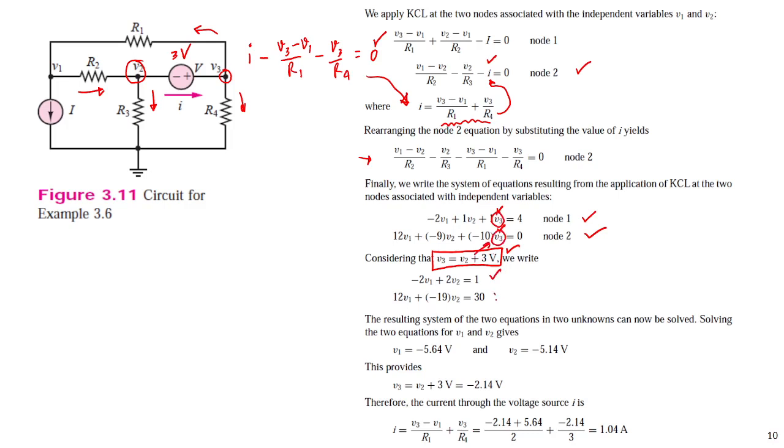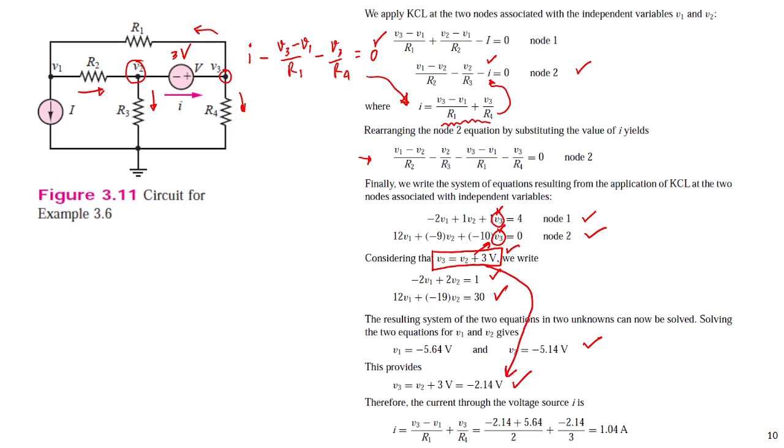We rearrange the equation again. We get two equations, two unknowns. Then we solve for V1 and V2. After that, if we know V2, we will get V3, right?